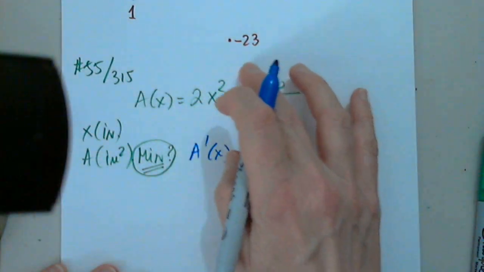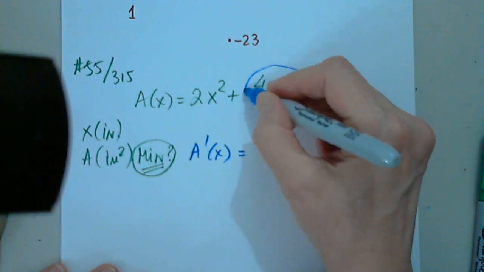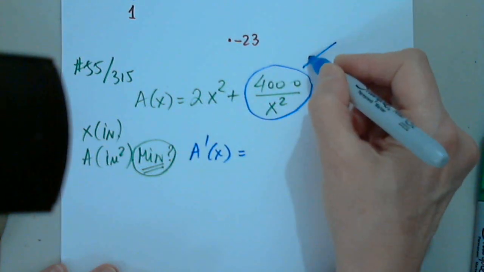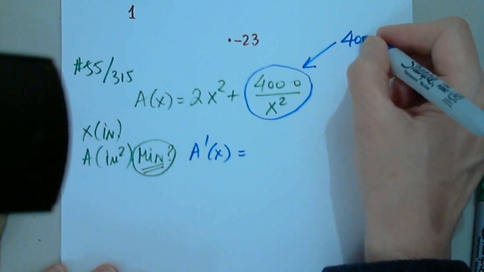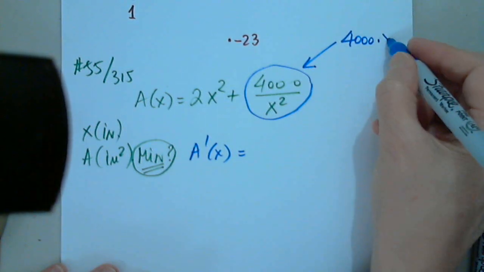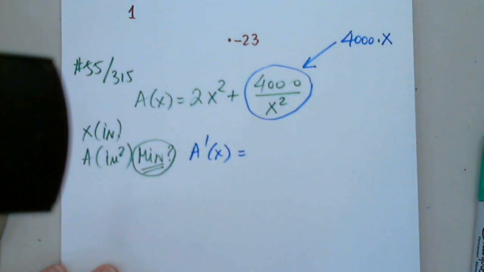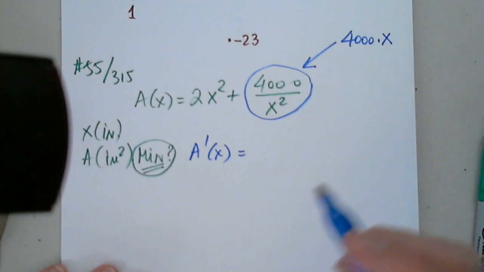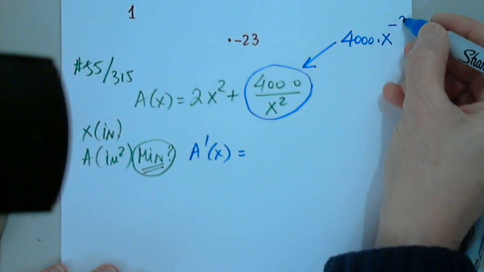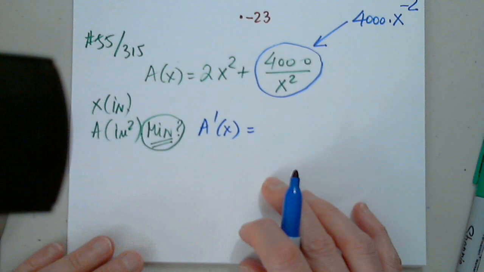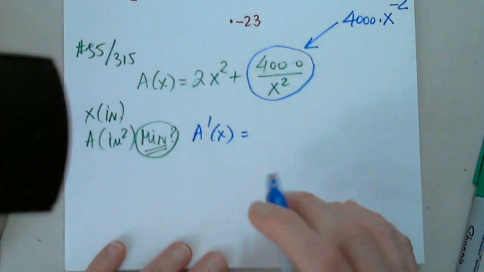In order to make this easier to differentiate, I would recommend changing this into 4,000 times x to which power? Negative 2. Very good. Awesome. So can anyone help with the derivative?